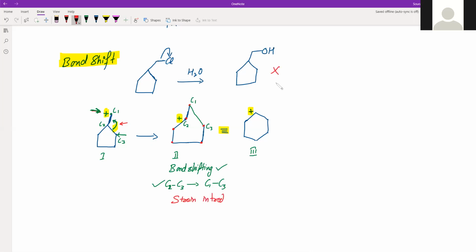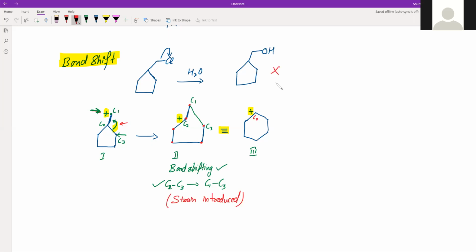Now this strain has to go. By what? By rearranging the geometry of this. So instead of forming an irregular hexagon like this, a regular hexagon will be formed. And as you can see, this is still our C2, that is the carbon with the positive charge.